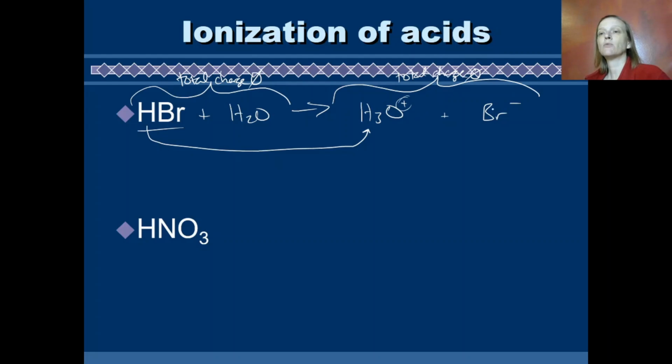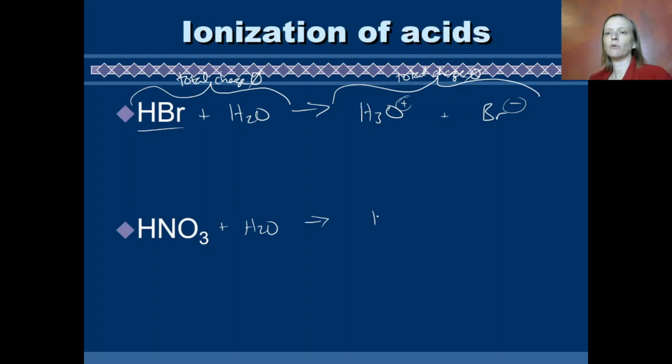Here I've got a +1 charge and a -1 charge, and that adds up to 0. So when you write these ionization equations, just make sure that your charges at the beginning equal your charges at the end. For nitric acid, HNO3, when that reacts with water, again we form the hydronium ion.